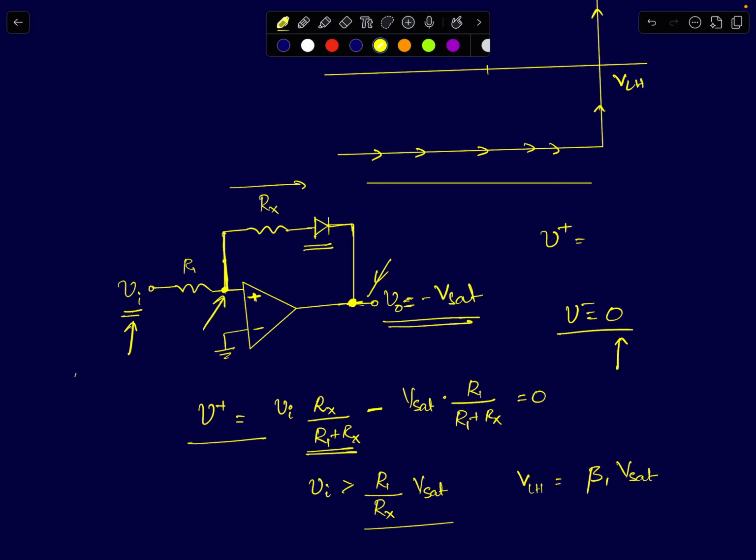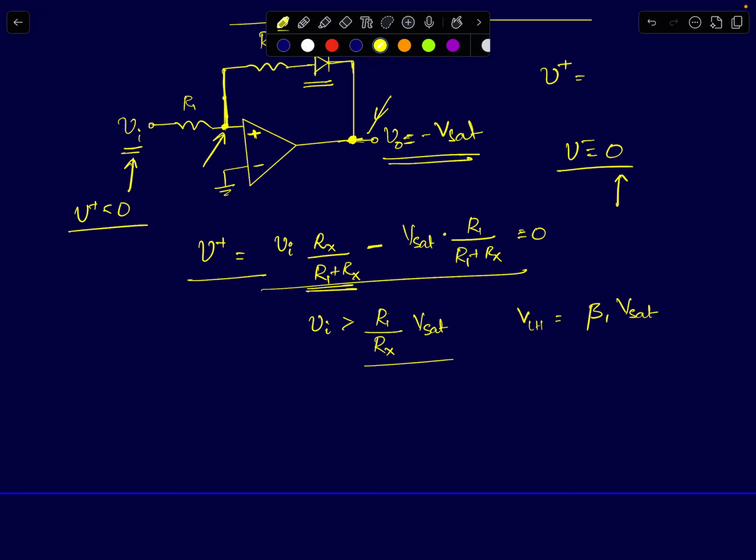V plus is negative right now. We just need to find the point when V plus becomes greater than 0. So I'll equate this to 0, and the point where it happens will be R1 by Rx times VSAT. So your beta 1 in this case will be R1 by Rx, and when your input exceeds beta 1 times VSAT, your output will go to plus VSAT.